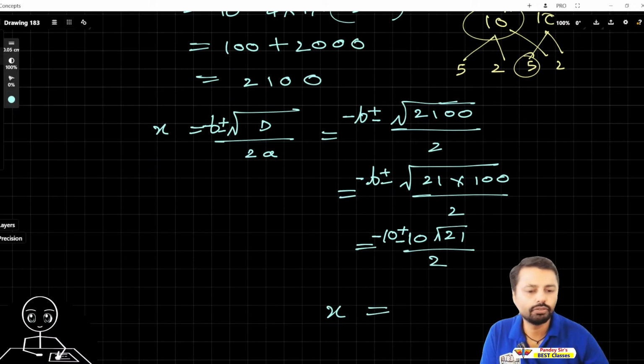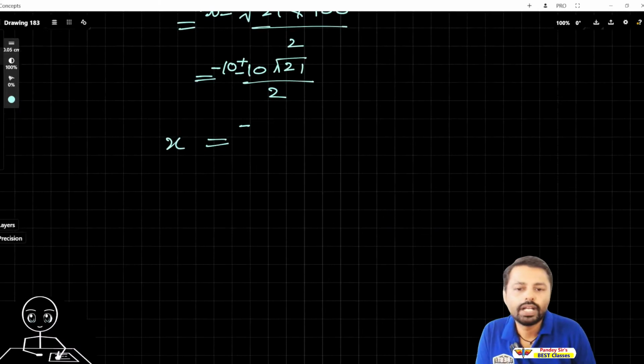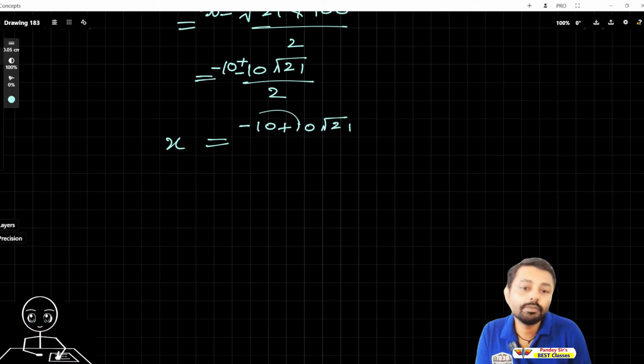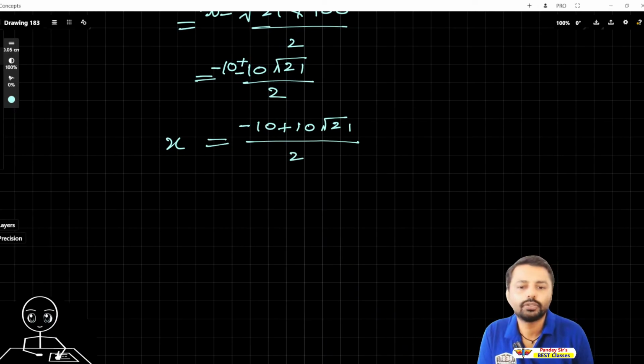So now we will find the x values: minus 10 plus 10 root 21, by 2. Now you say, sir, minus 10 plus 10 is 0? No, it doesn't work like that. Take 10 as common.